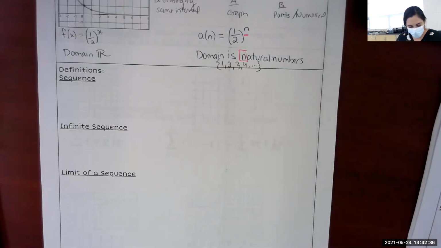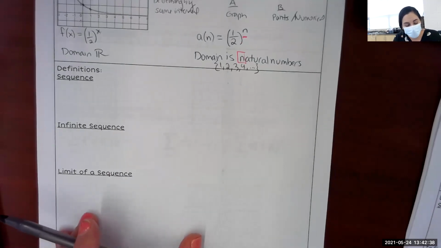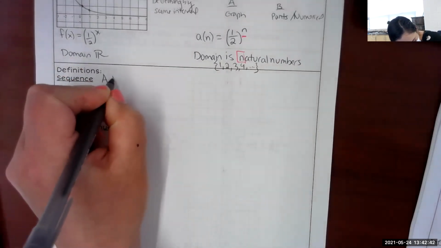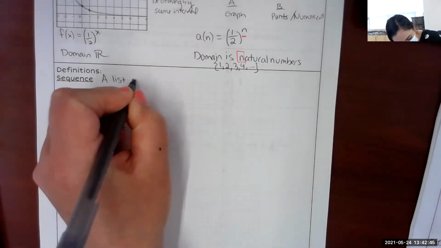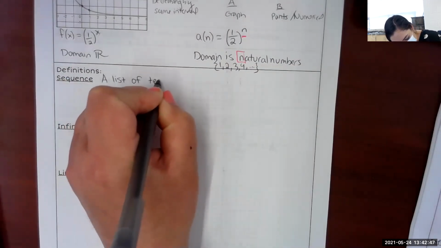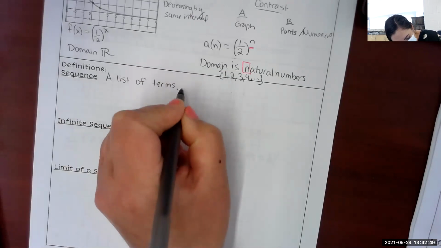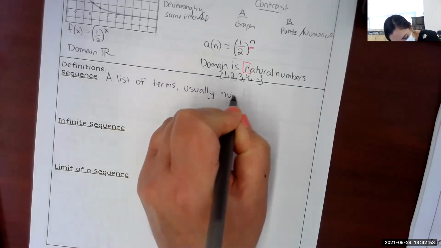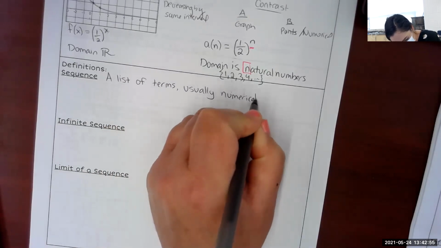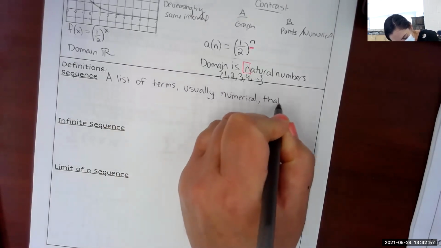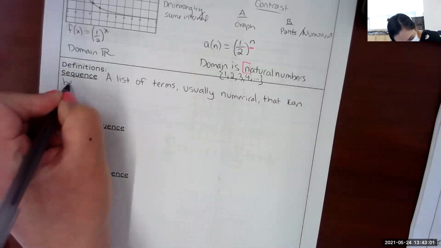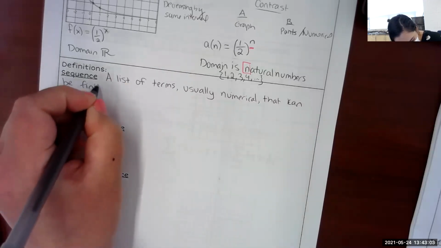Okay. So a sequence, in case you don't remember from Algebra 1, is a list of terms. It's usually numerical. In our case, it will always be numerical because we're in math class. It can be finite or infinite.